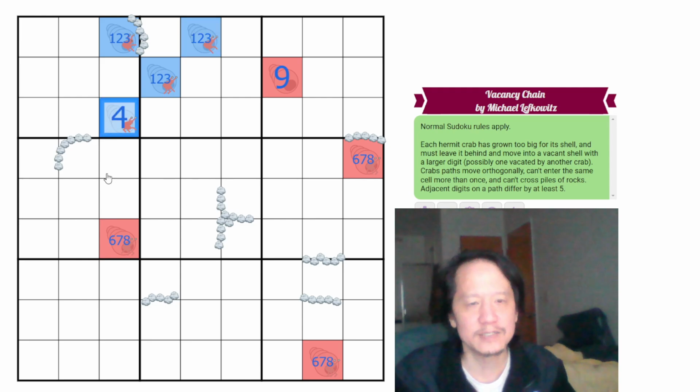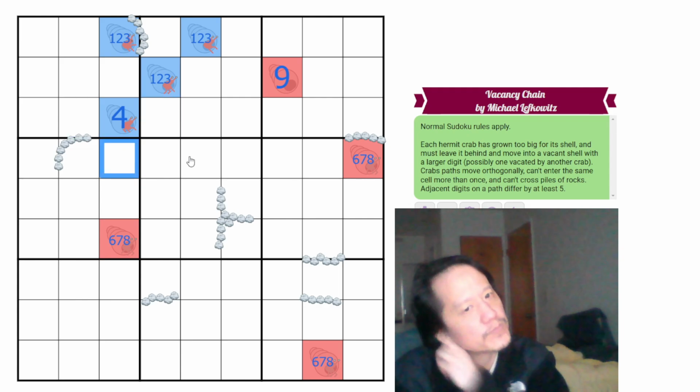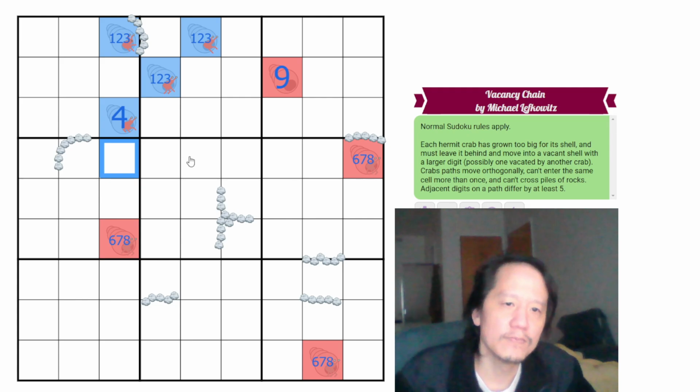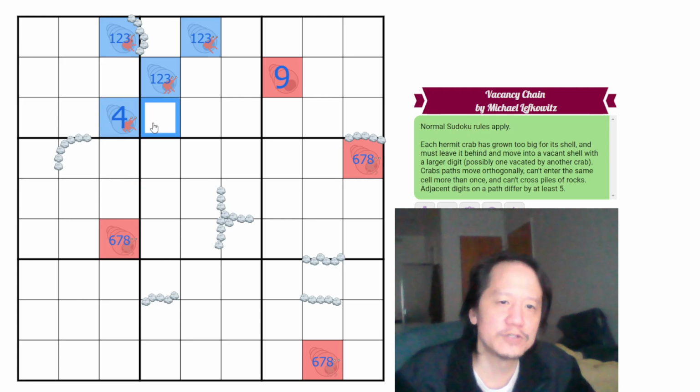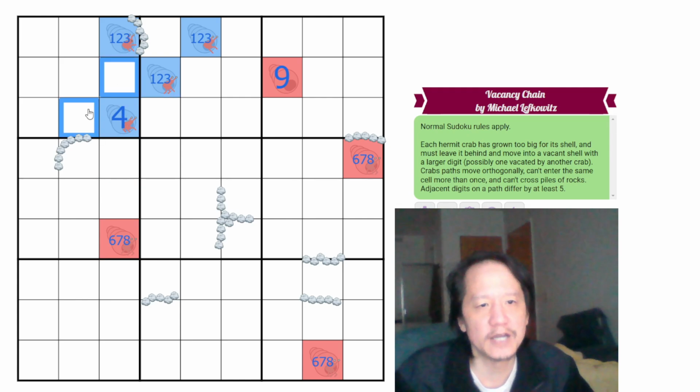Therefore, this has to be the 4, which means it goes 9 and 9. We're not sure which. Because it must be surrounded by one unique digit. It cannot be 9 and 9 here. Okay, so obviously this can't be 9.